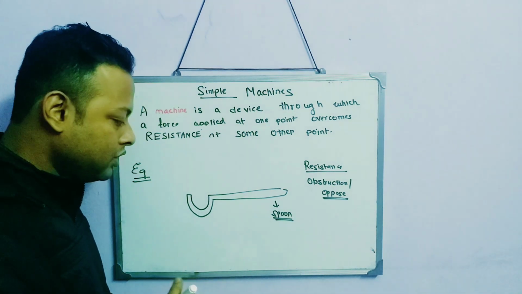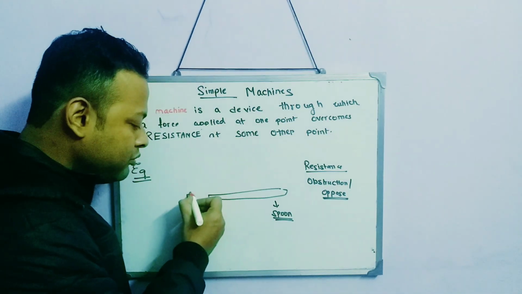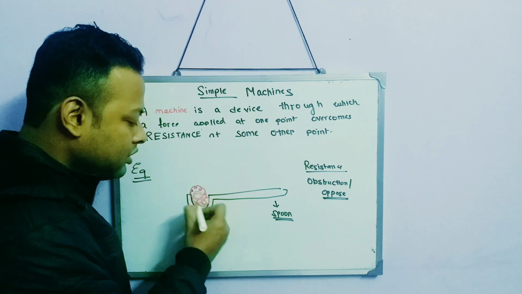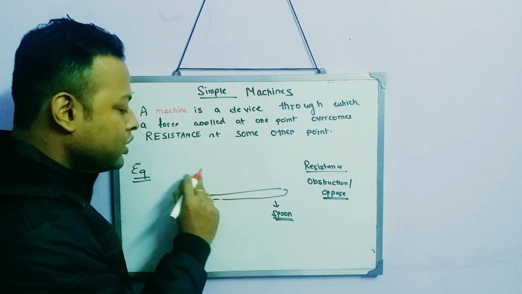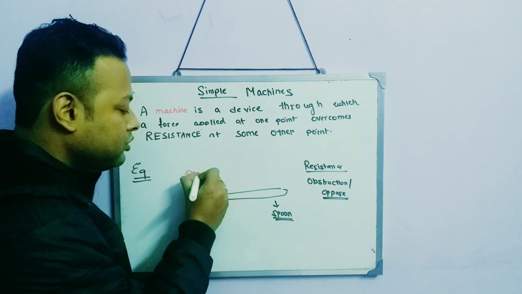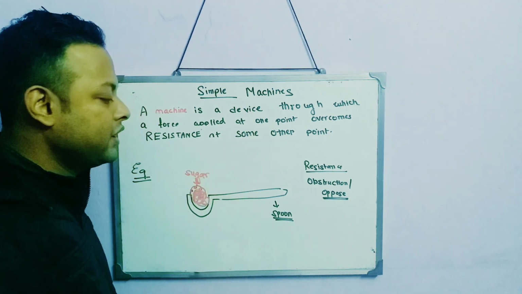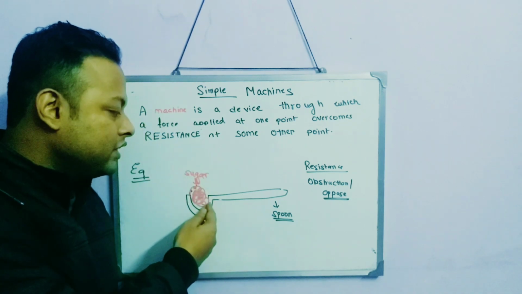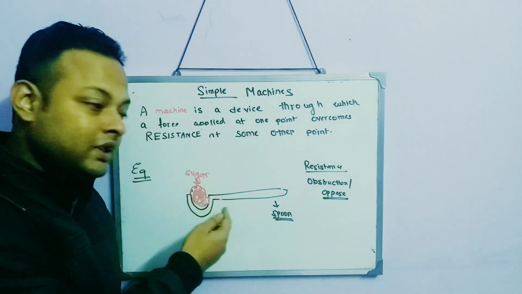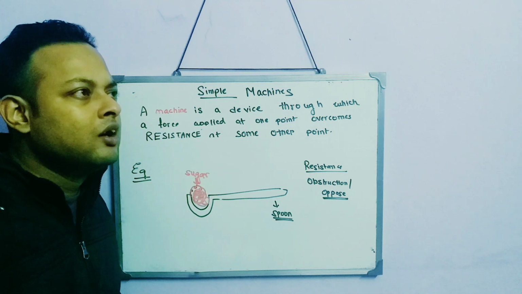In the spoon I have placed some sugar. So sugar is placed on the spoon. Okay, now I want to lift this sugar with the help of this spoon.